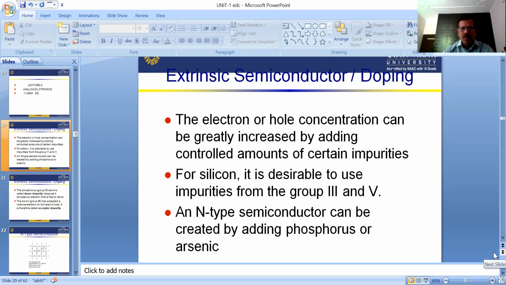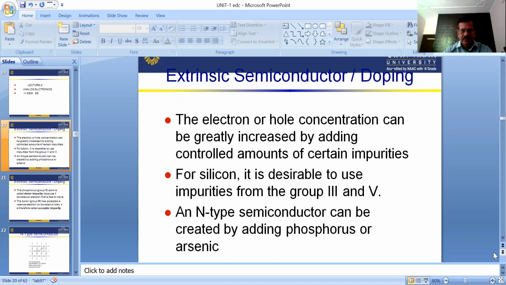The electron or hole concentration can be greatly increased by adding a controlled amount of certain impurities. That process is called doping. Doping means adding impurities to the semiconductor materials.